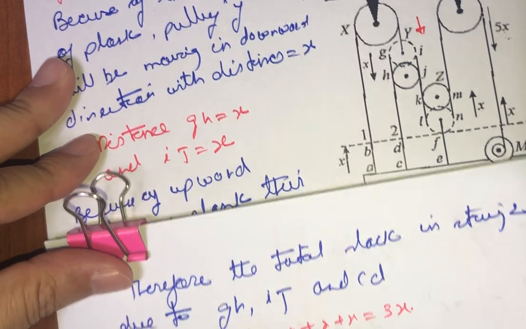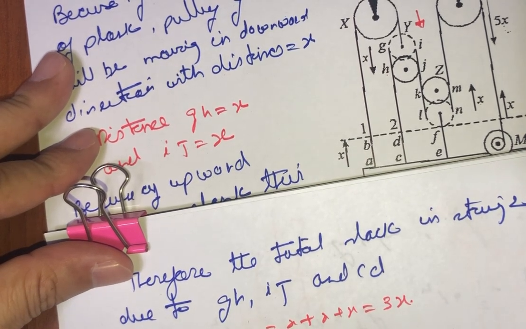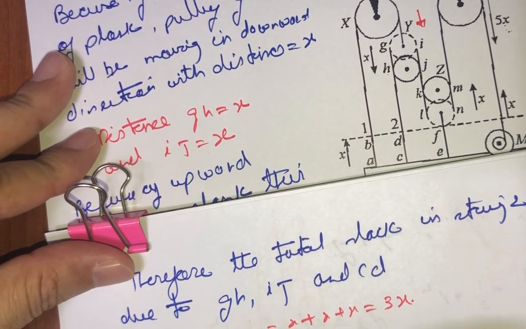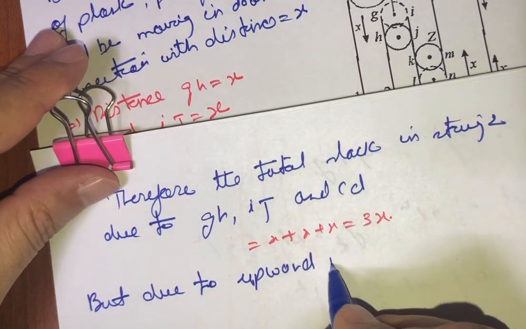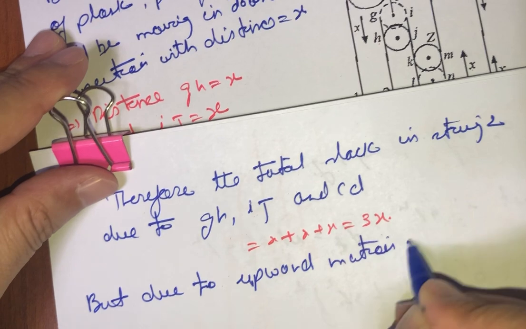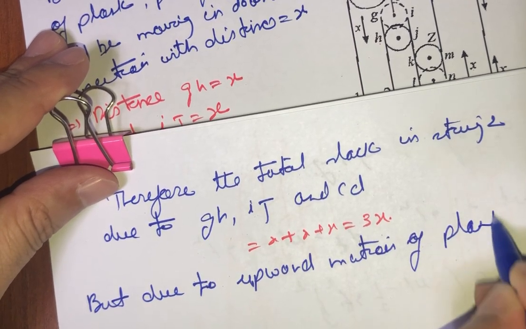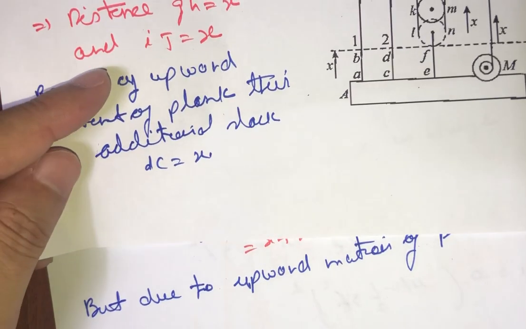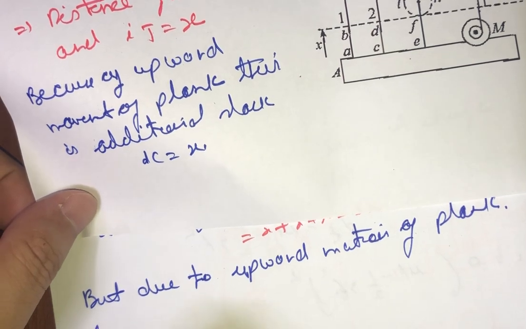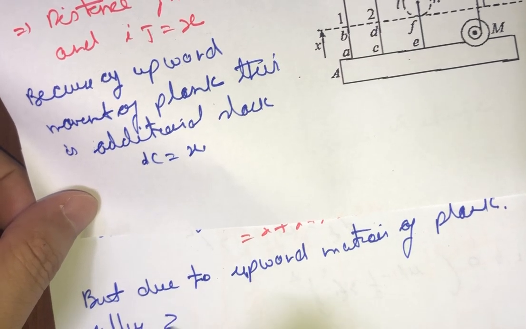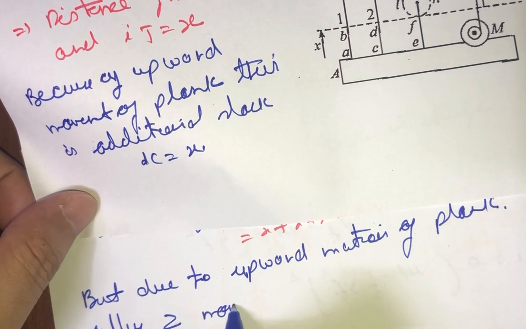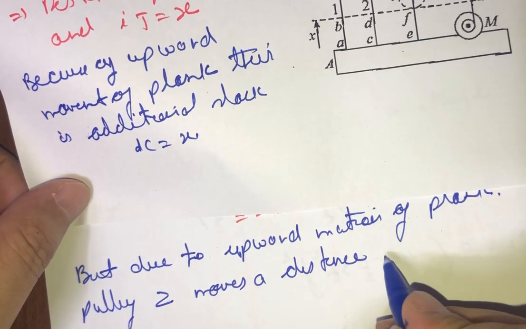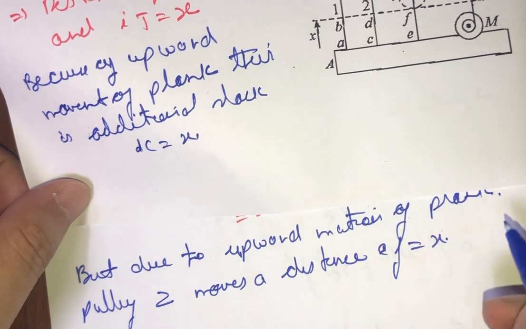Okay, so due to the upward motion of the plank, pulley Z moves a distance EF which is equal to x.